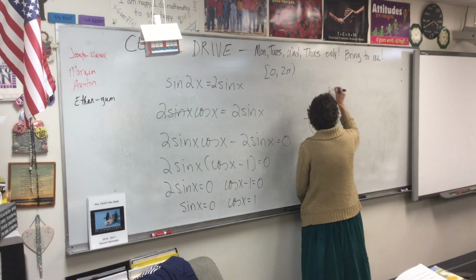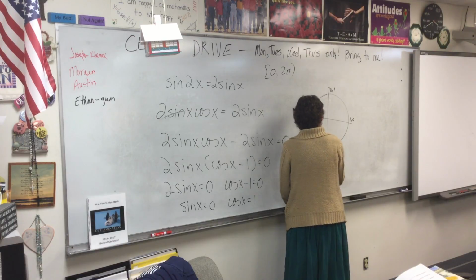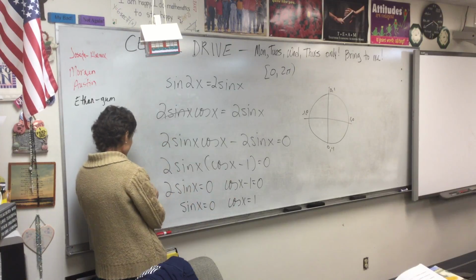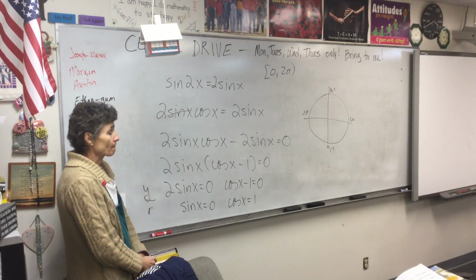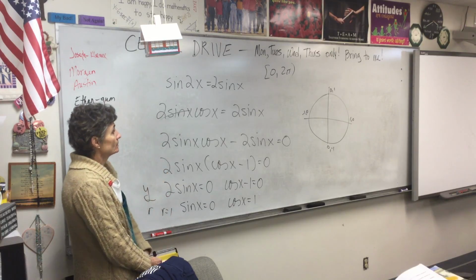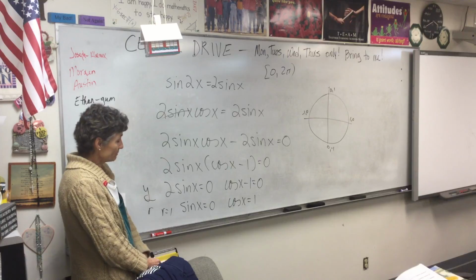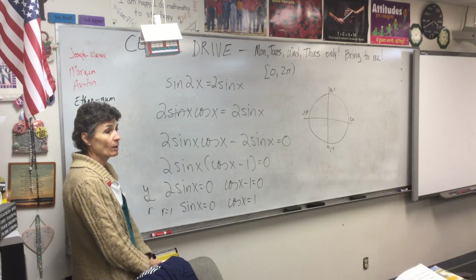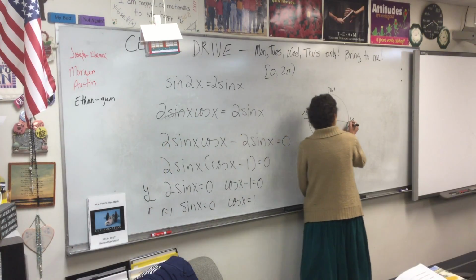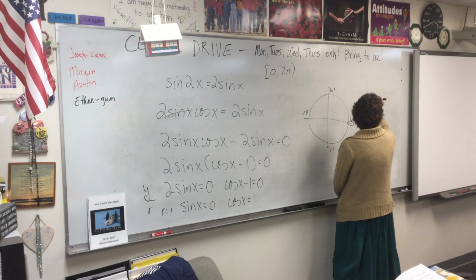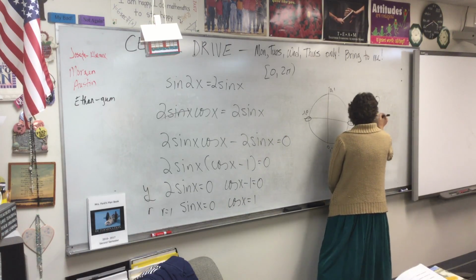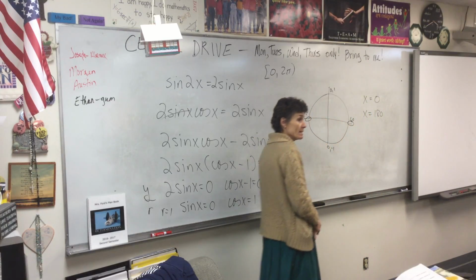I'm going to look around this whole circle and find all the places where the sine, which, as Taylor said, is y over r, is 0. Where does that happen? On the x-axis. So this angle, which would be 0, and this angle, which would be 180 or pi, if we're doing it in radians.